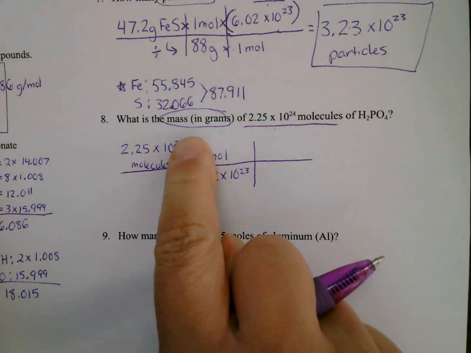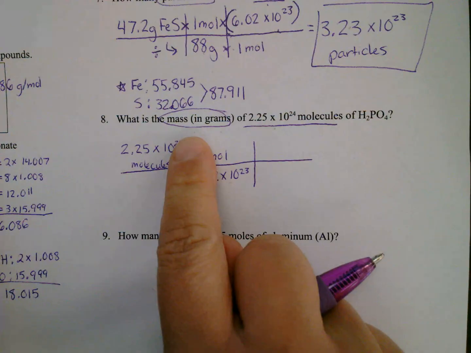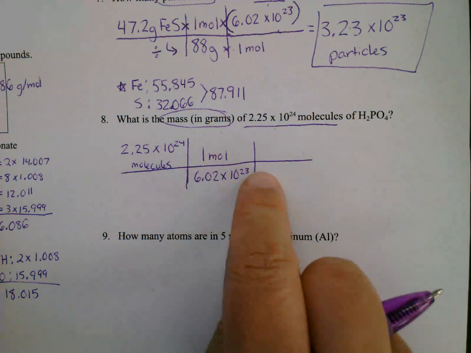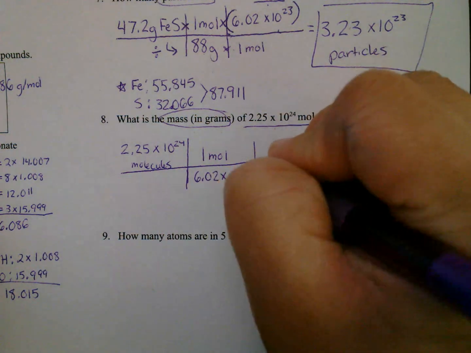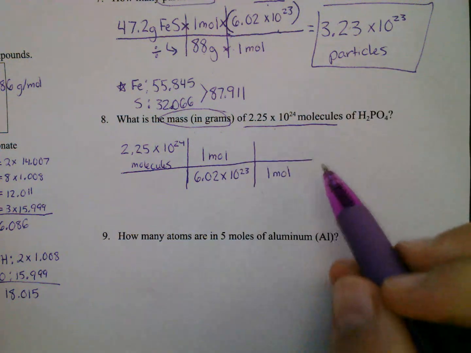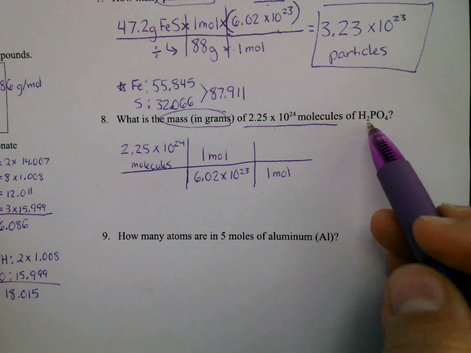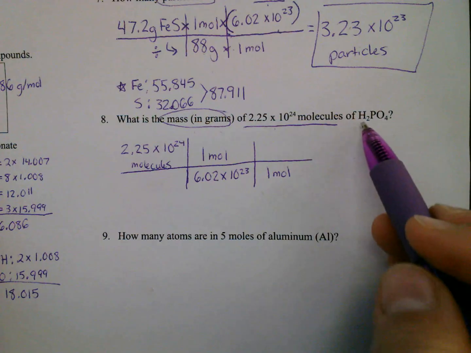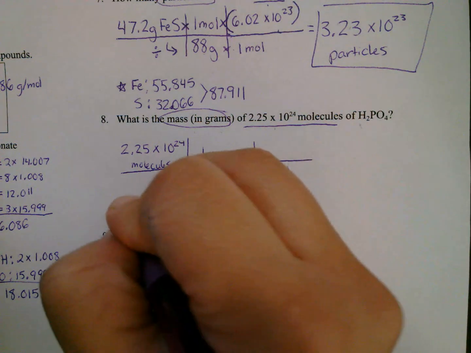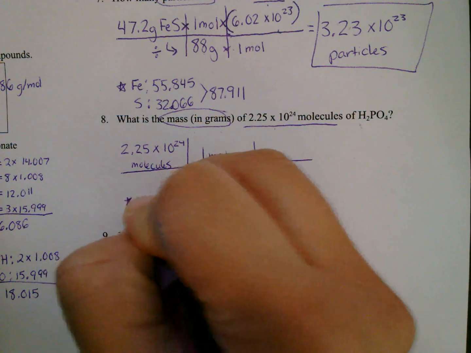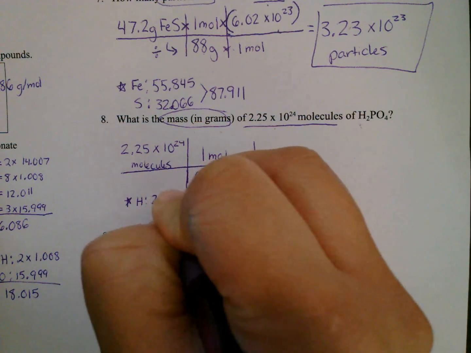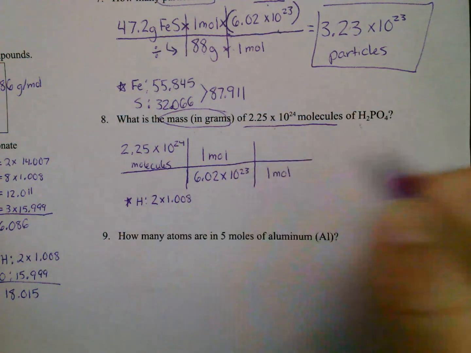But I'm not done because I want grams. So on my last box, since I have 1 mole at the top, I'm going to put 1 mole at the bottom. And above that, I'm going to put the molar mass of H2PO4. Here I can see I have 2 H's. So I'm going to do 2 times 1.008.